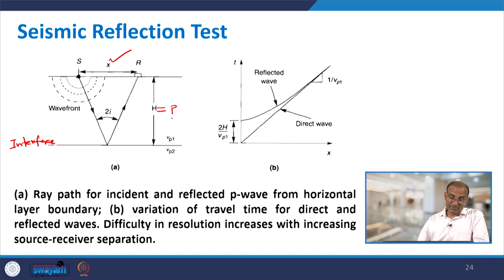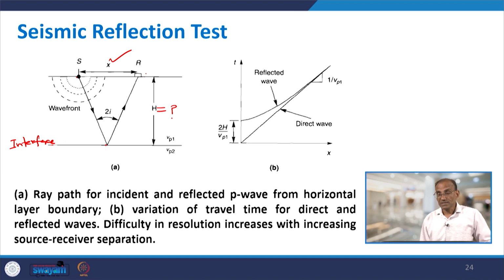Now, when the wave comes from this point as a wave front, it passes through the medium and hits the interface. When it hits the interface, what will happen? It will reflect back into the medium.